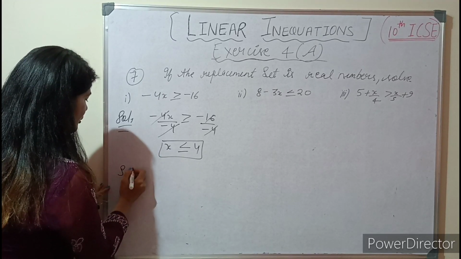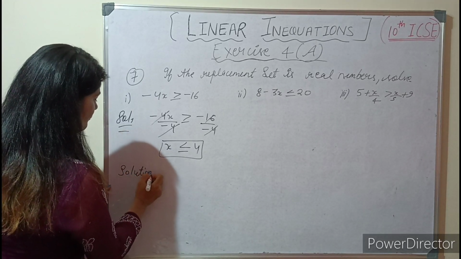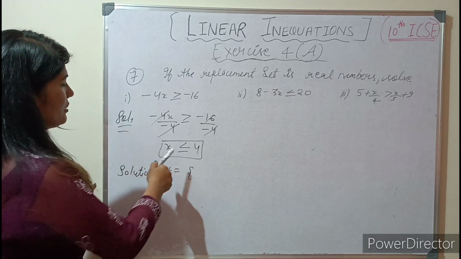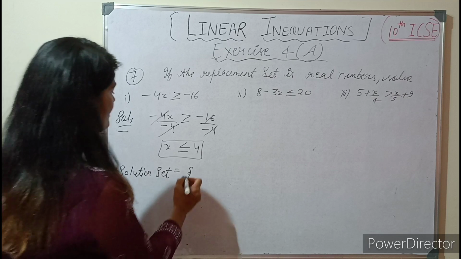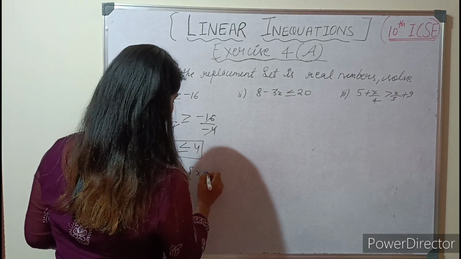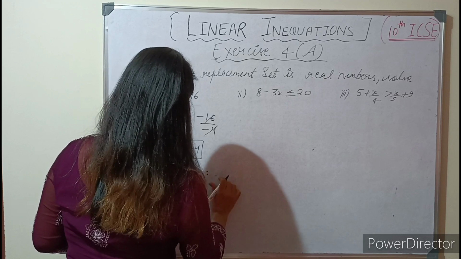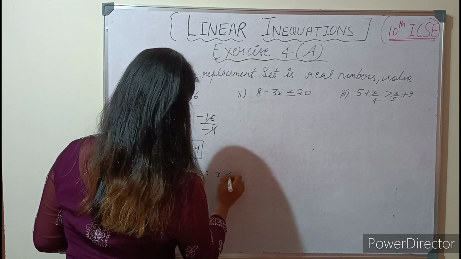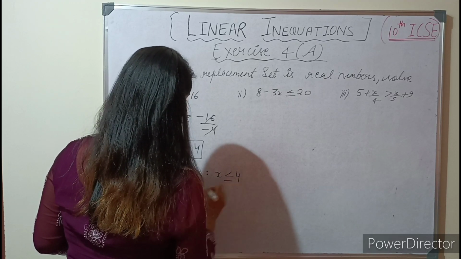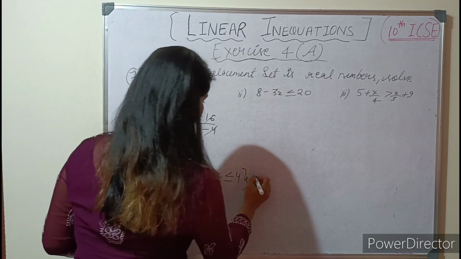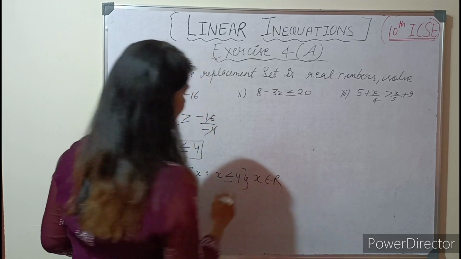So therefore the solution set will be, draw a curly bracket. So less than or equal to 4 means you will take x such that the value of x is less than or equal to 4, and just close the bracket and write here x belongs to real number.